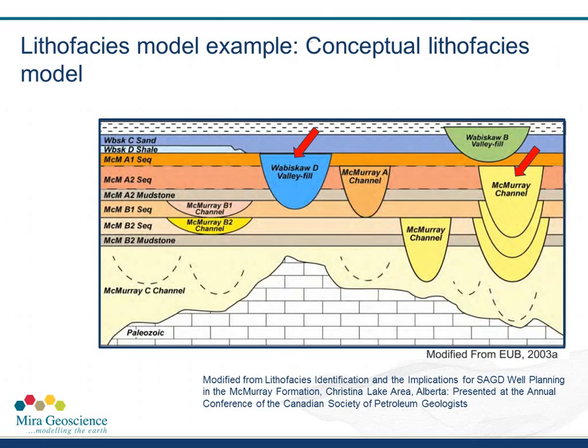And the McMurray can be compromised, and the cap rock can be compromised by these channels. The channels can be clay, they can be sandy, they can be really anything. But they have a very large influence on the competency of the cap rock and also on the recovery in this environment.